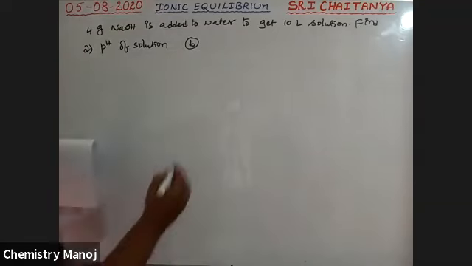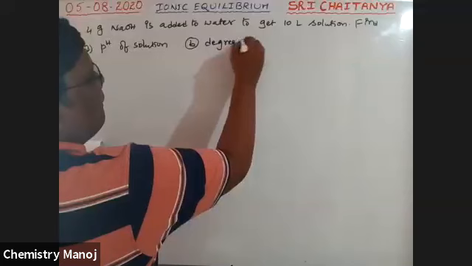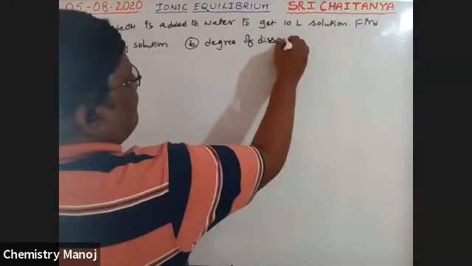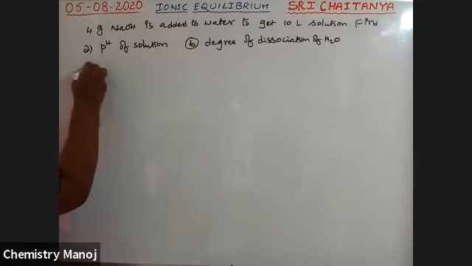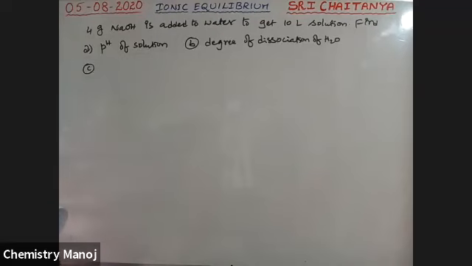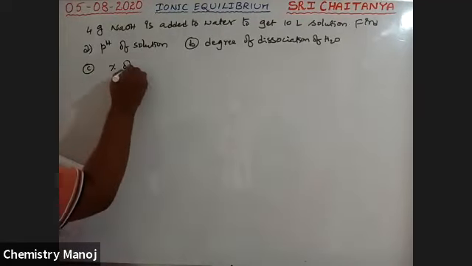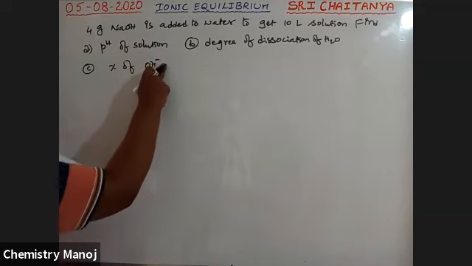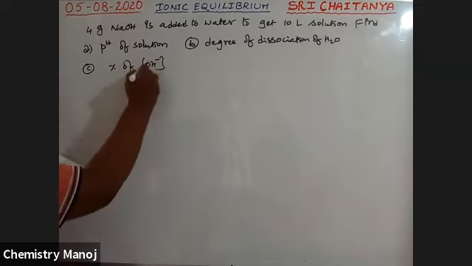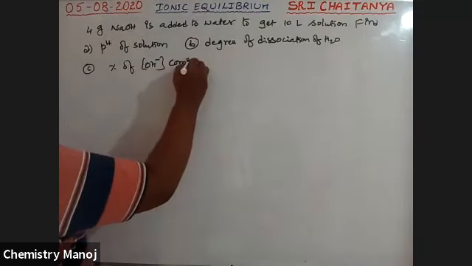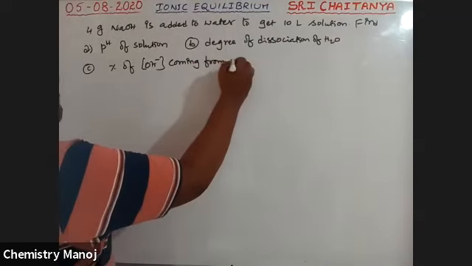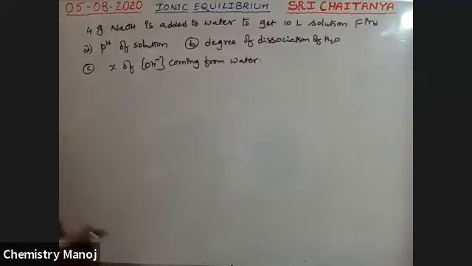B, the degree of dissociation of water. C, the percentage of OH minus ion concentration coming from water.